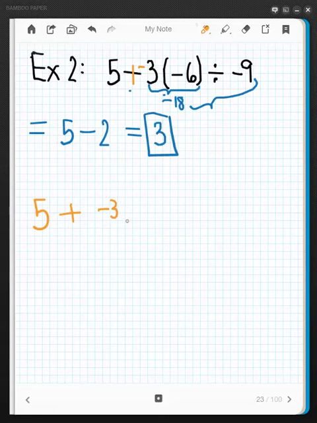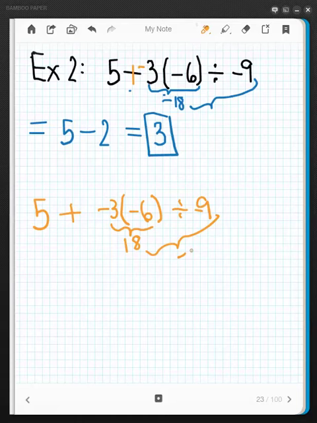And say this is a negative 3 times a negative 6, and then that's divided by a negative 9. And so this, a negative times a negative, is equal to a positive, and then a positive divided by a negative is a negative, and 18 divided by 9 is 2.